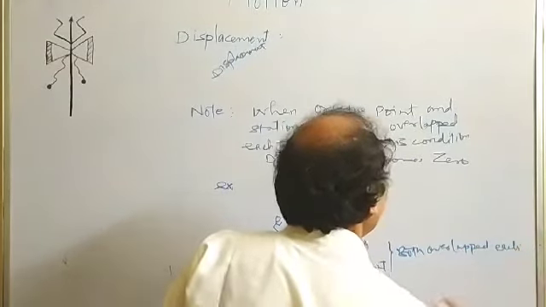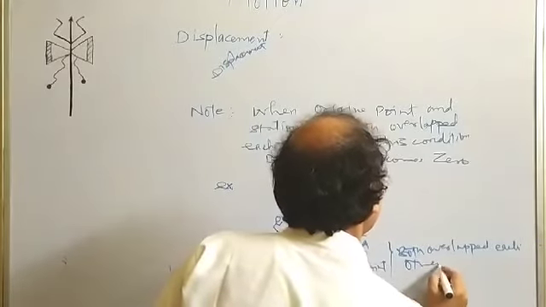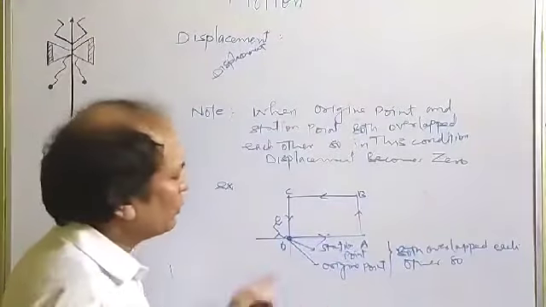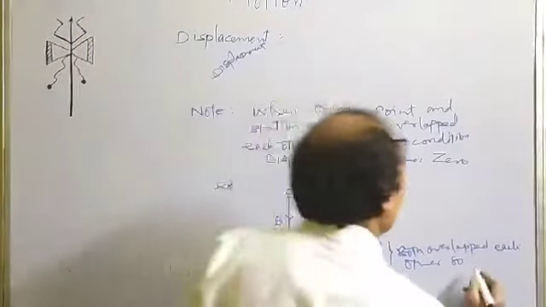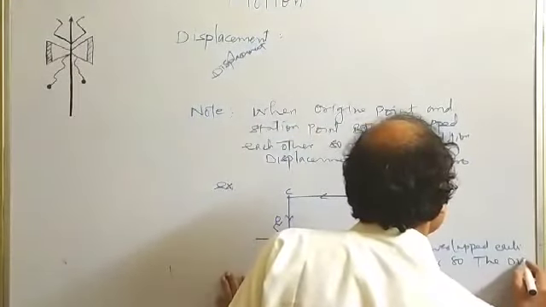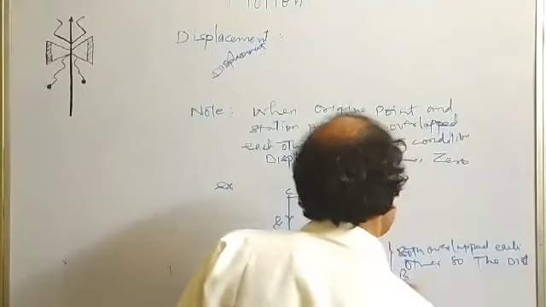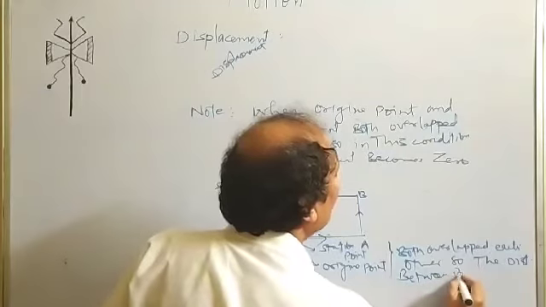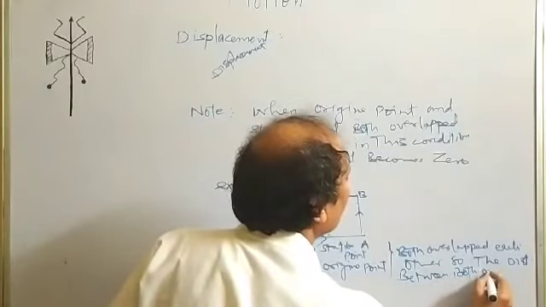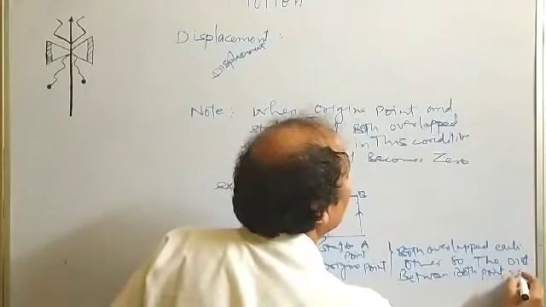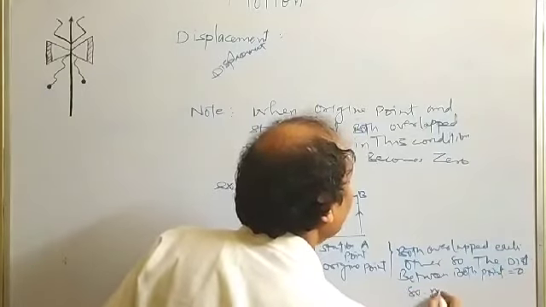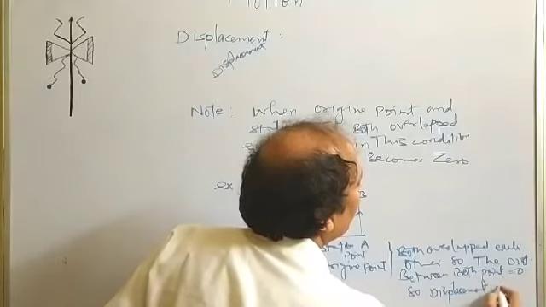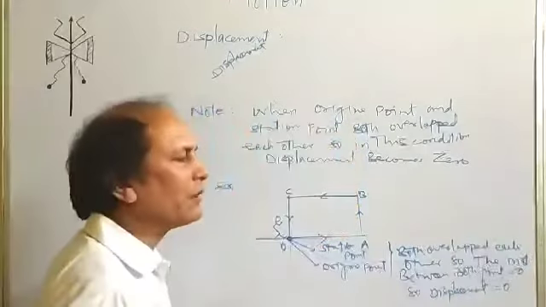So the distance between both points is 0, so the displacement is also 0.